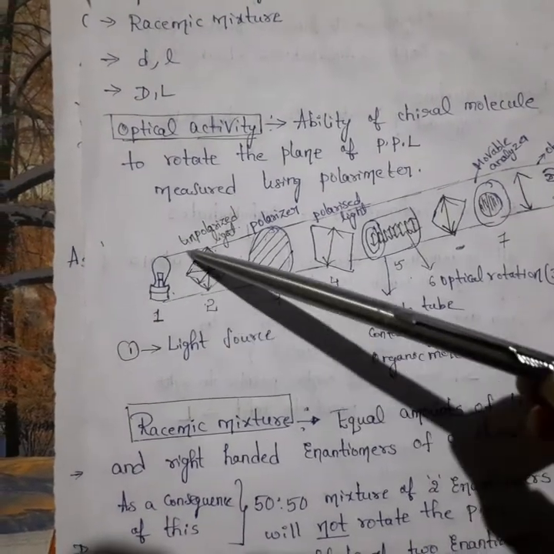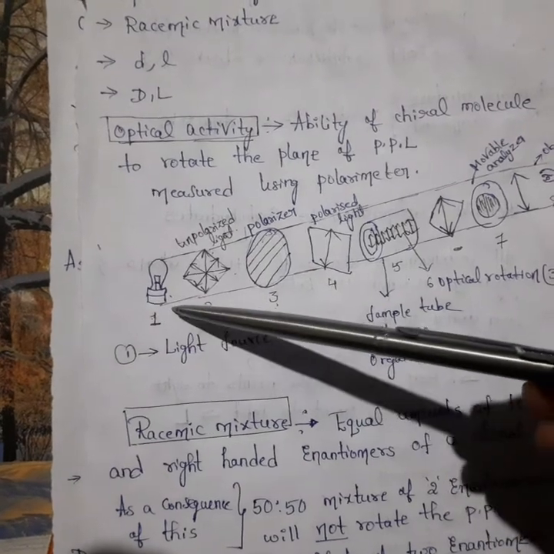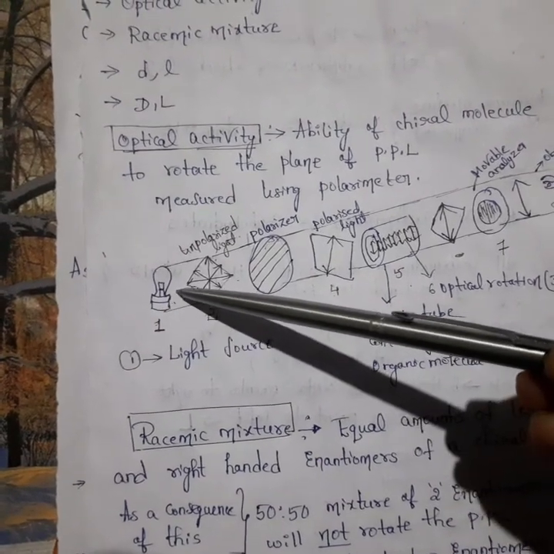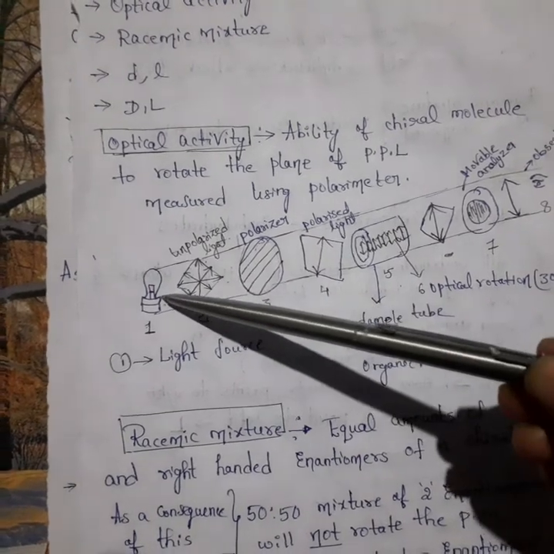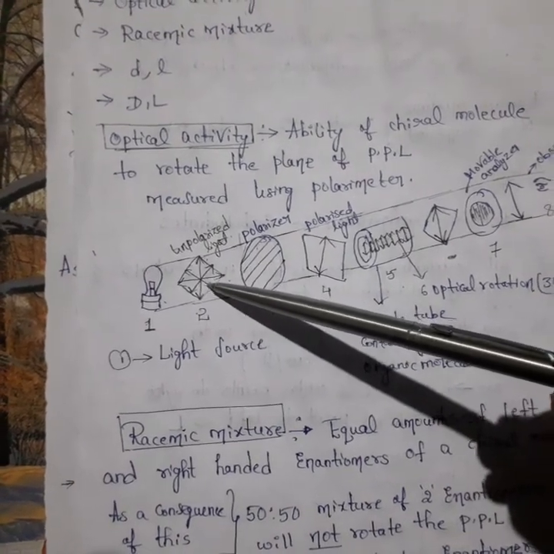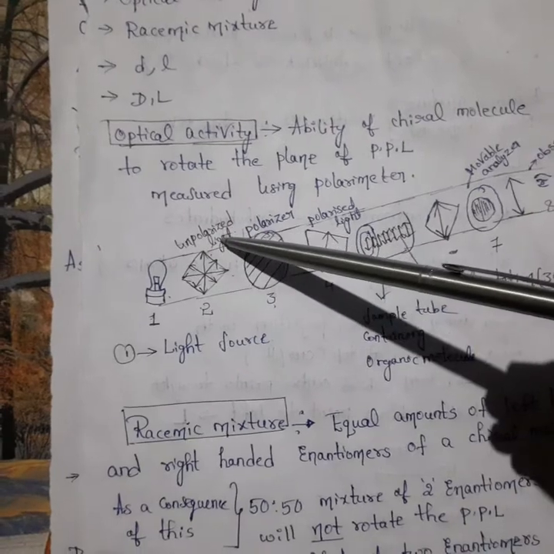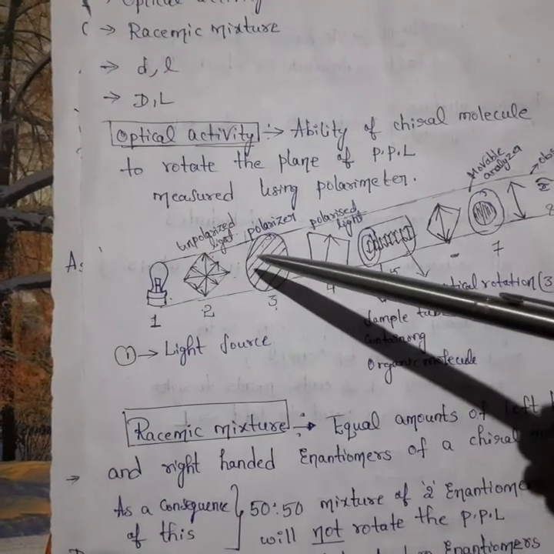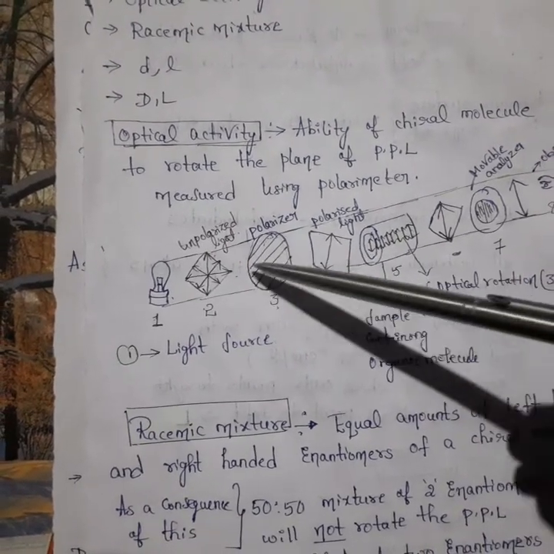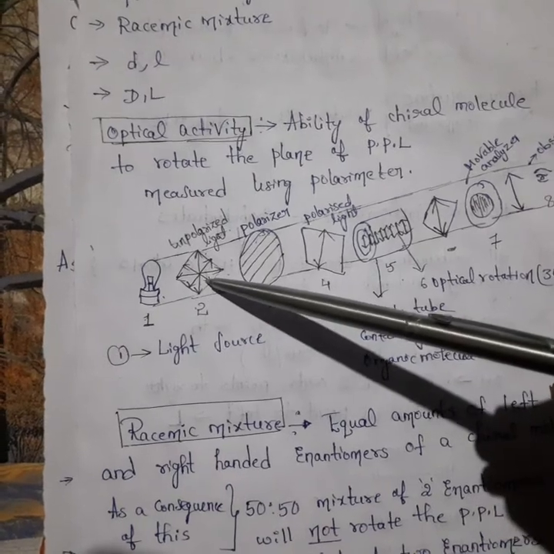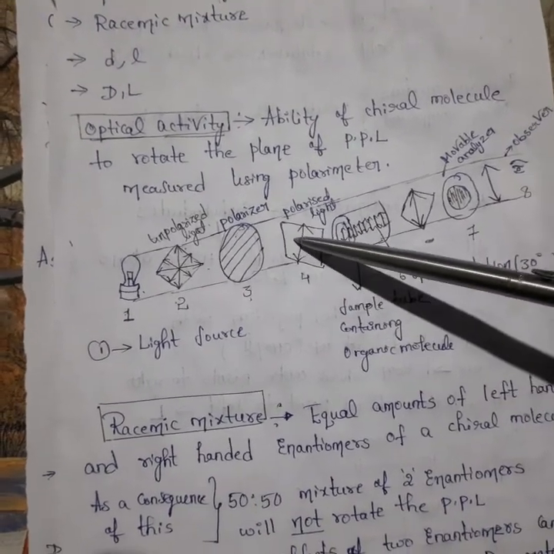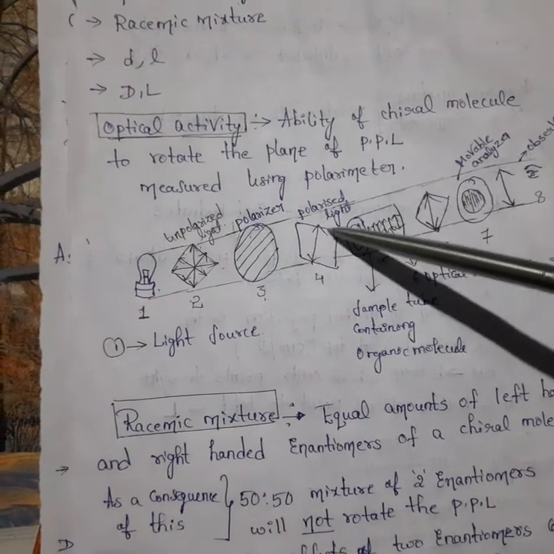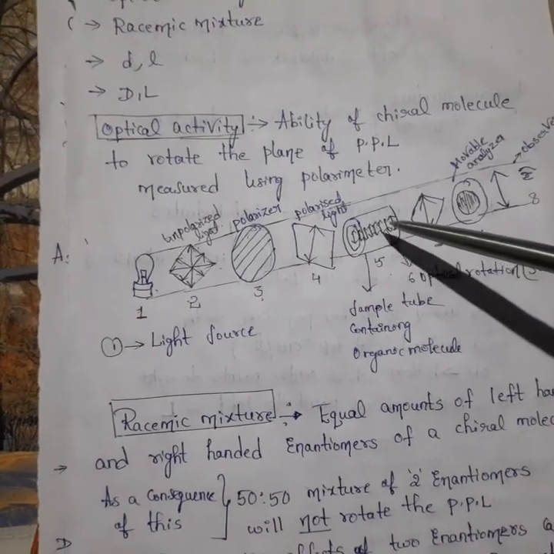See, this is a light source. From this source, light is emitted. This is normal light, and normal light means unpolarized light. When this unpolarized light is made to pass through the polarizer, it gets converted to polarized light. This polarized light enters the sample tube containing the organic molecule.